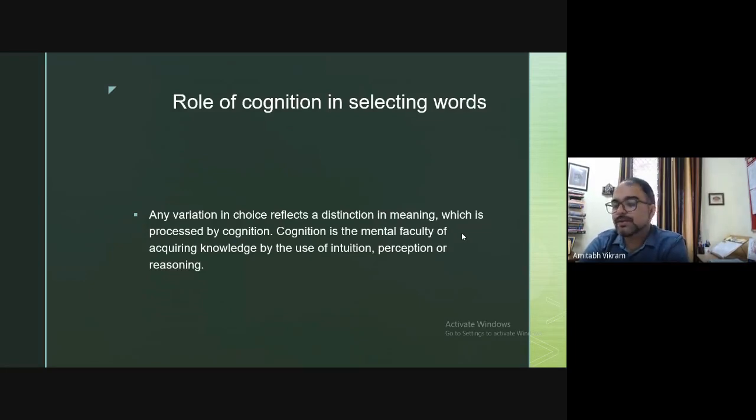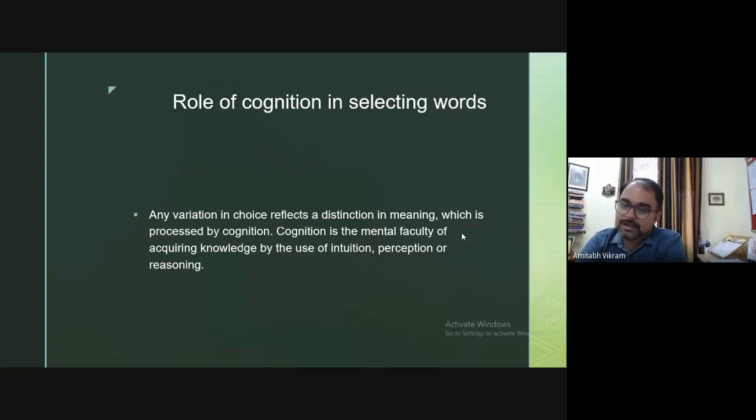Now you have different choices for the same word, but you need to cognize which word will be appropriate in which situation. For example, there is a word like smile. If I say, why are you smiling? Then you can very easily understand the meaning.